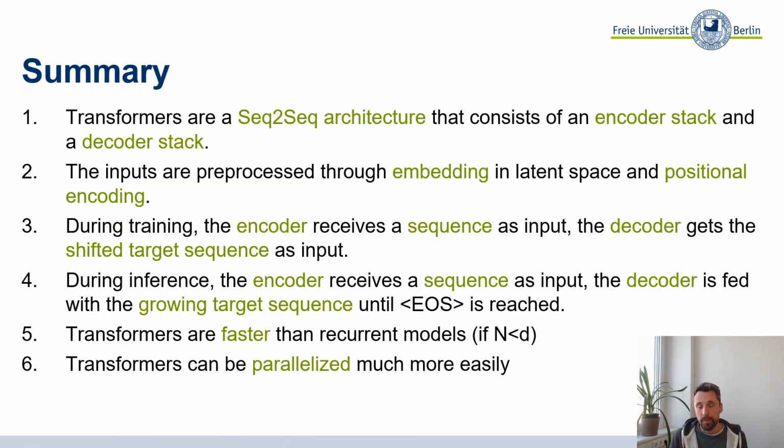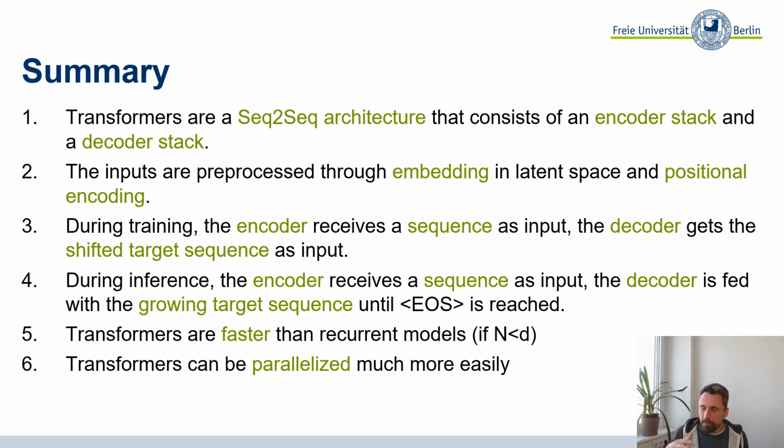Okay, let's summarize. Transformers are a very cool sequence-to-sequence architecture with an encoder stack and a decoder stack. The inputs are first pushed through these different layers that we've discussed, and produce a latent encoding that represents the input, but also comes with a positional encoding for each of those tokens.